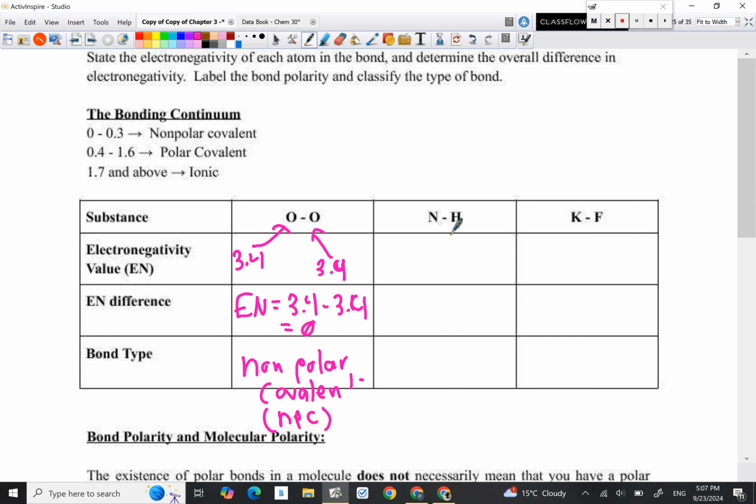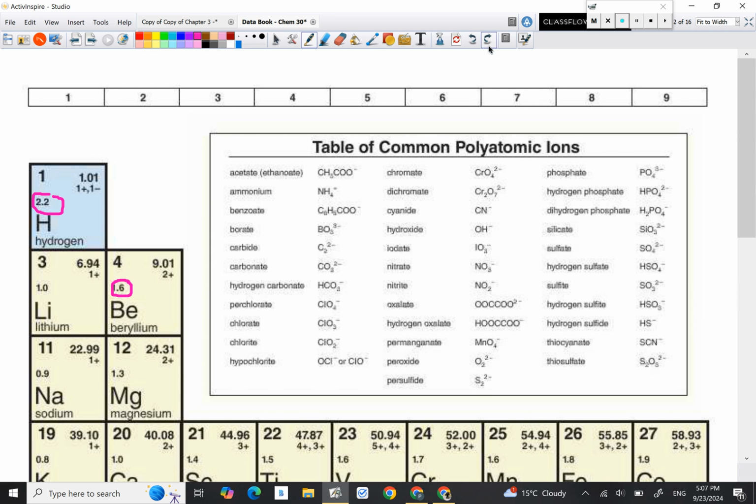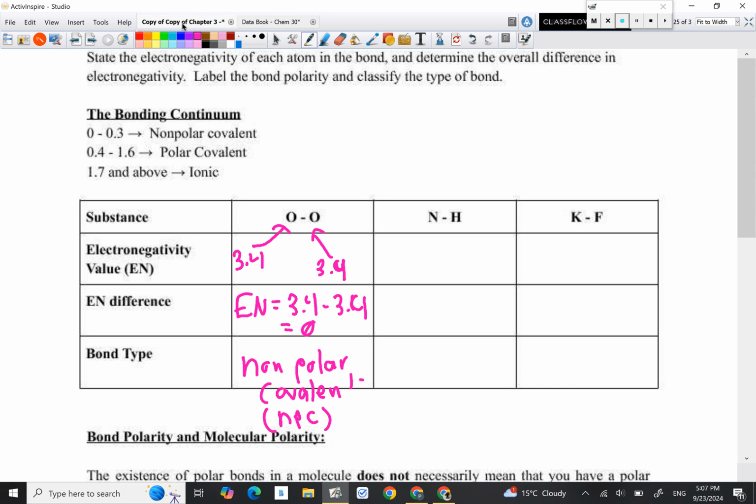The next one, we're going to take the nitrogen and the hydrogen. So go to our data booklet. Our nitrogen is right here, 3.0. Hydrogen, I already have highlighted right here, 2.6. So we're going to take two of those. Our nitrogen, 3.0. Hydrogen, 2.2. Did I say 2.6 earlier? I meant 2.2. When we take the electronegativity difference, I always take the bigger number, 3.0, minus the smaller number, 2.2, and we're left with 0.8.